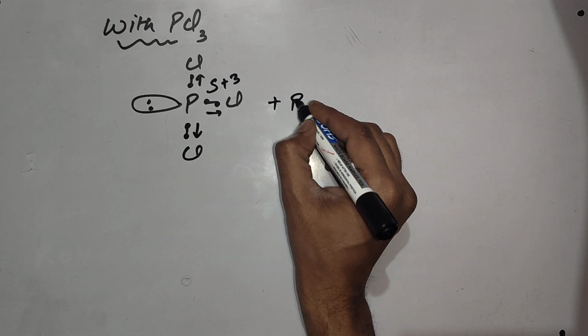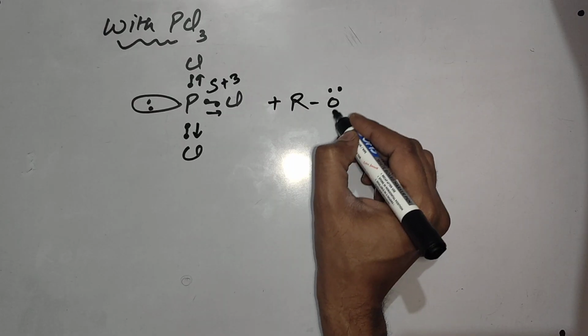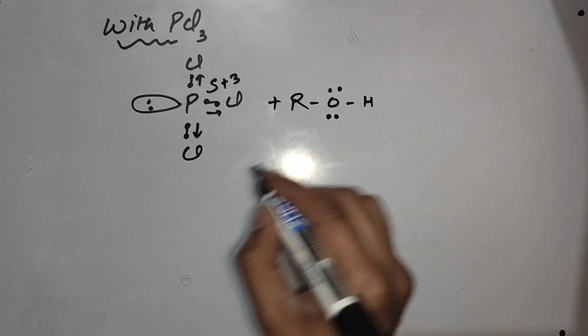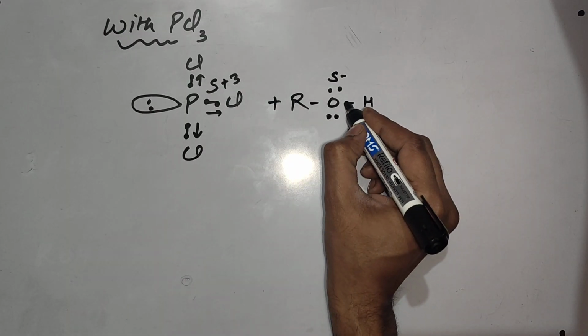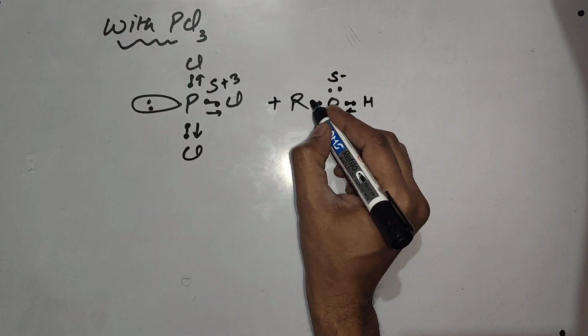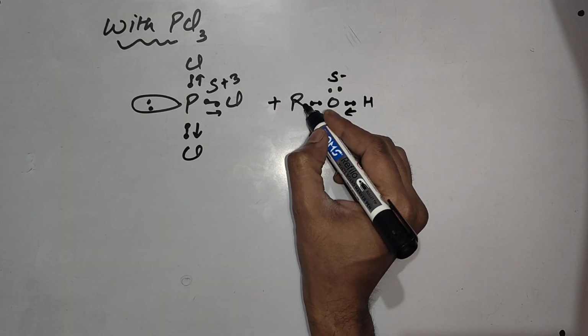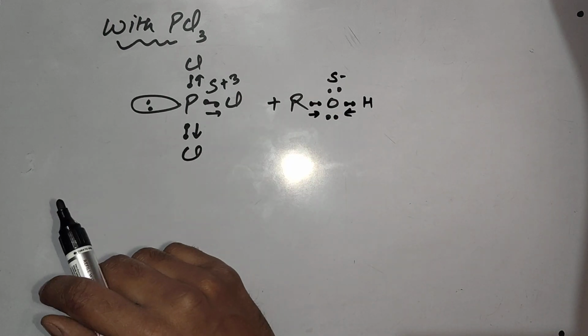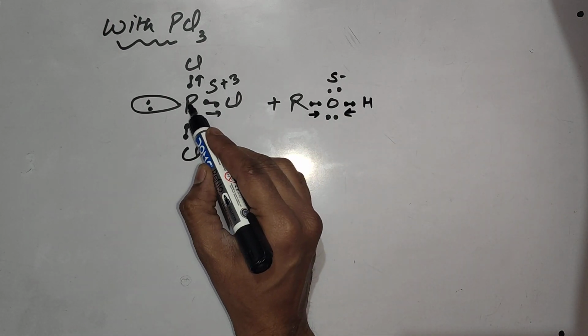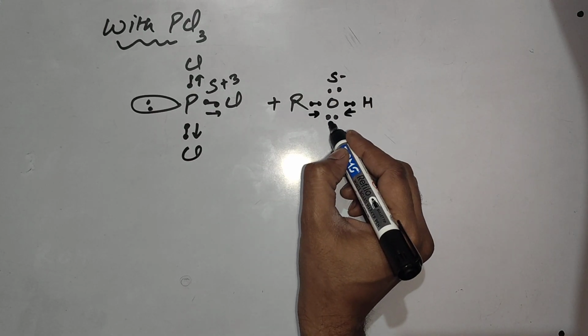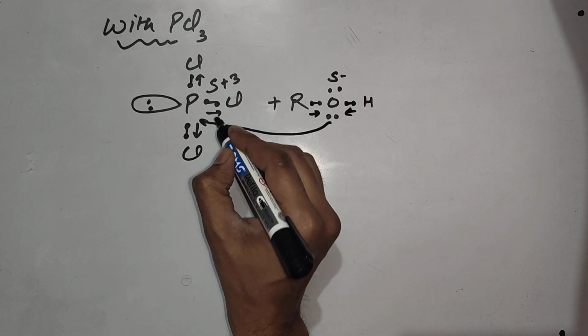And when we bring it in front of alcohol, in which oxygen is carrying a negative charge due to higher electronegativity, oxygen is more electronegative than carbon and hydrogen. So we can easily judge that phosphorus has a positive charge and oxygen a negative charge, so oxygen will attack it.